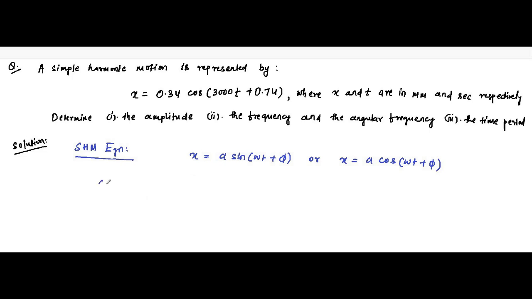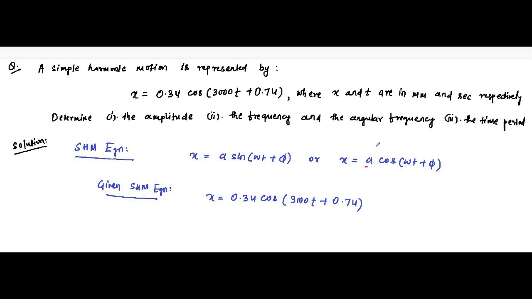The given SHM equation is x is equal to 0.34 cos(3000 t plus 0.74). Here in this SHM equation, all these parameters represent some important information.